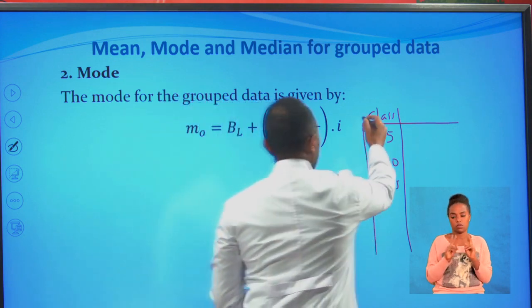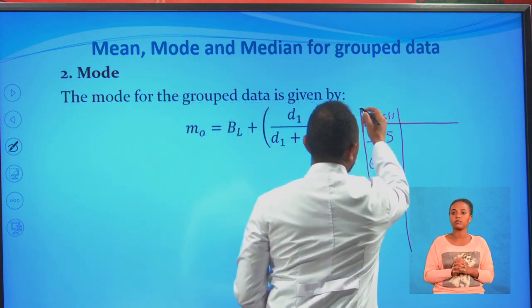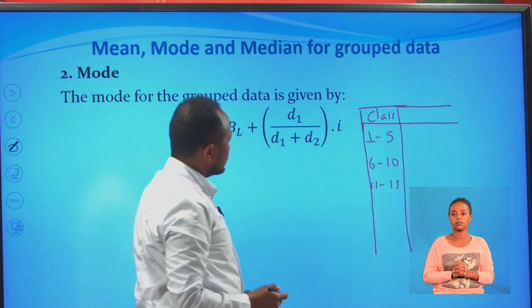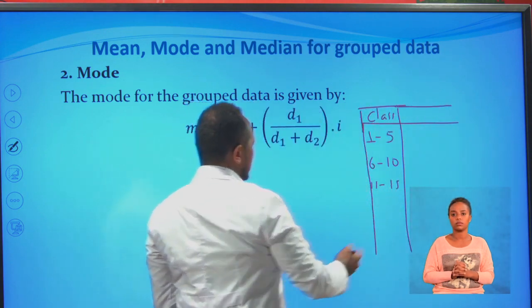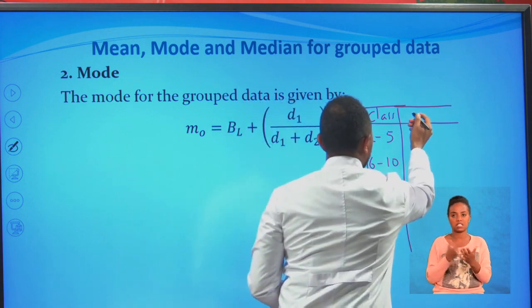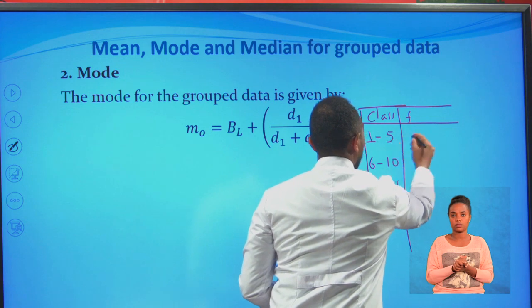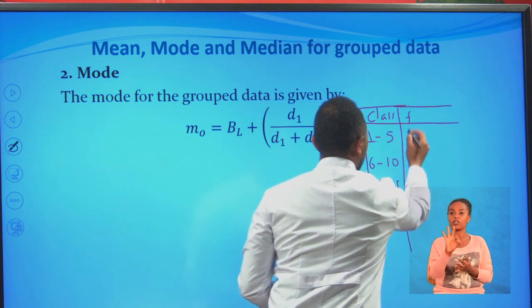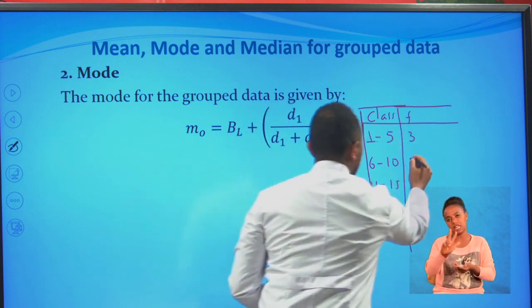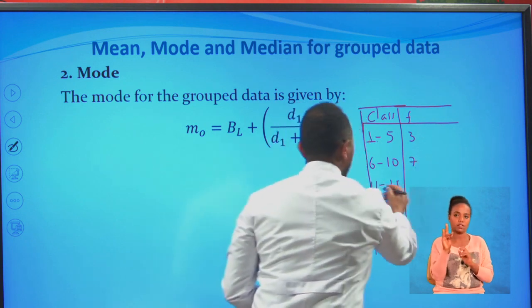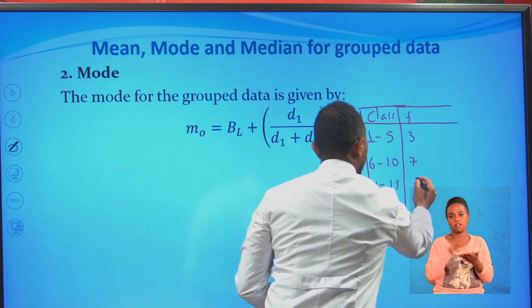Okay. Now let's take the frequencies. Assume the frequency on this interval is 3. The frequency here, assume to be 7. The frequency here, let's assume 4.